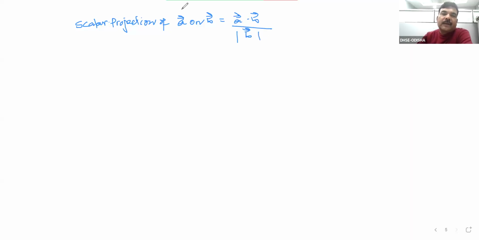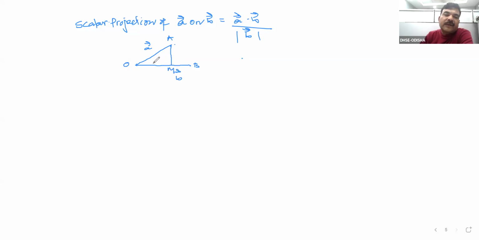Scalar projection of A on B is the length of the portion OM.